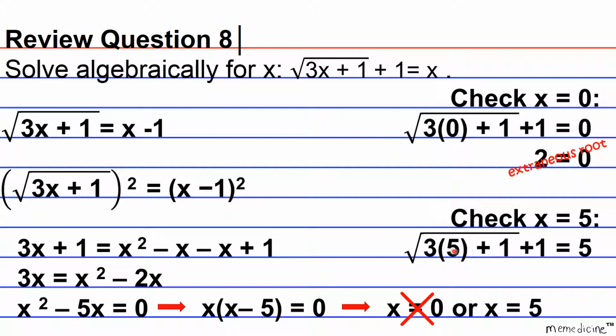Well, when we plug 5 back into the original radical equation, we get 3 times 5, that's 15, plus 1 is 16. All right, so the square root of 16 is 4, plus 1 is 5, so that 5 is definitely equivalent to 5. Our solution checks, and the final answer is x is equivalent to 5.